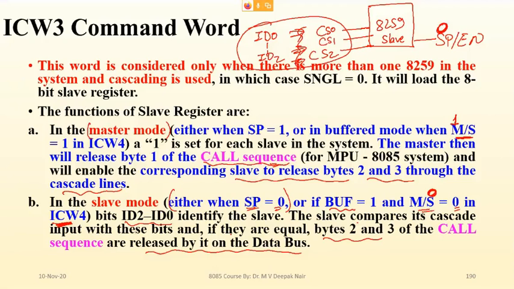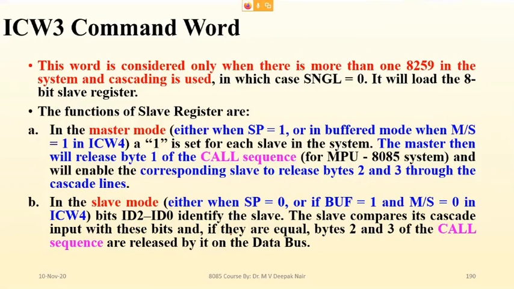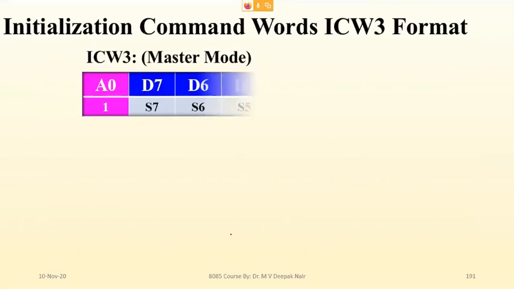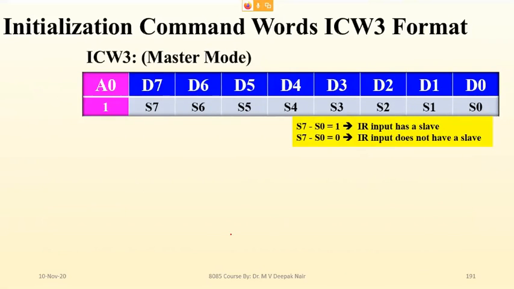This is the sequence. Sorry, there are so many things to remember. Anyway, let us check how ICW3 looks in master mode and in slave mode. Remember, A0 is 1 in case of ICW3. If you remember, there are two addresses in 8259. Why only two addresses? Because there is only one A0 line.